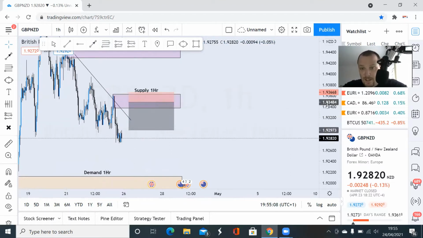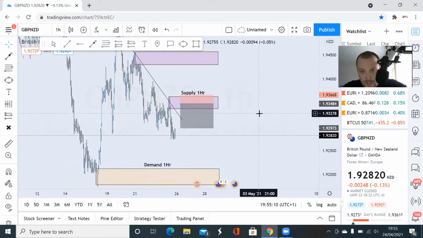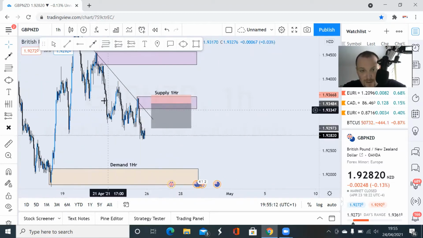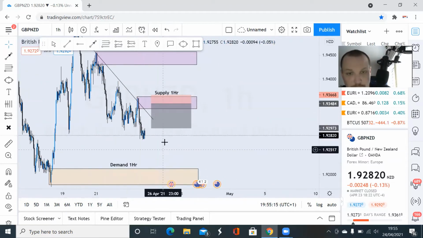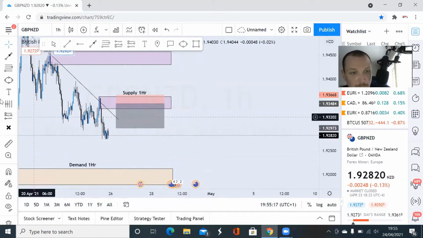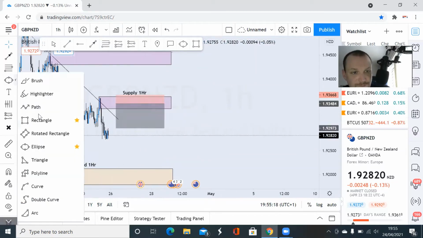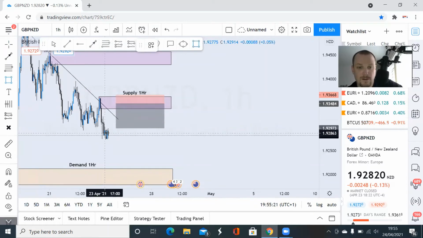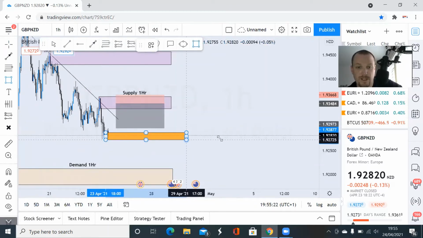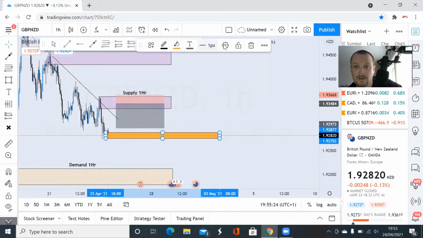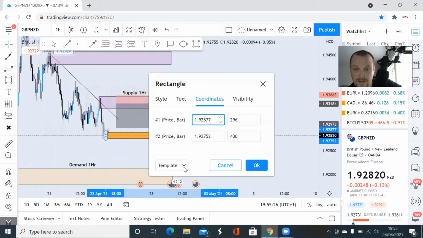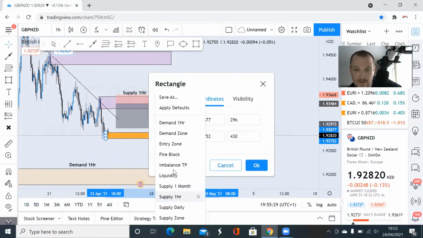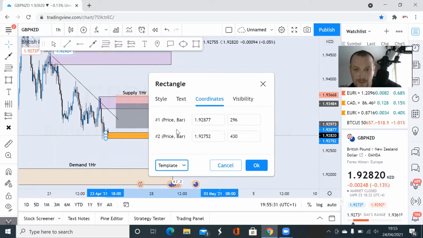Okay, now what we're doing is we could say, right, so on the hourly, we've had a bit of a push on this area here. Okay, a bit of a push on this area here. And this here is a demand zone for the 1 hour.